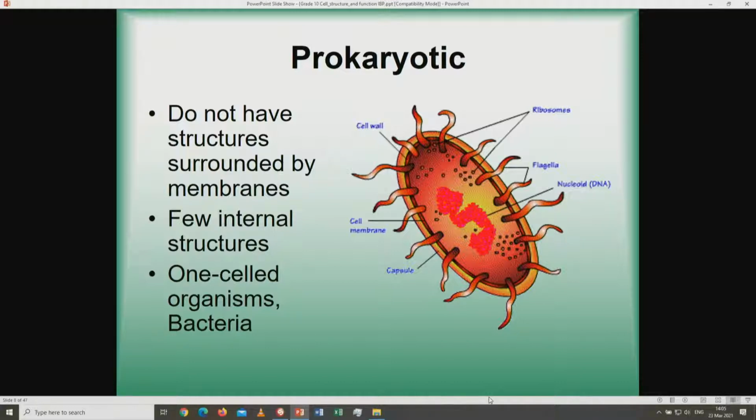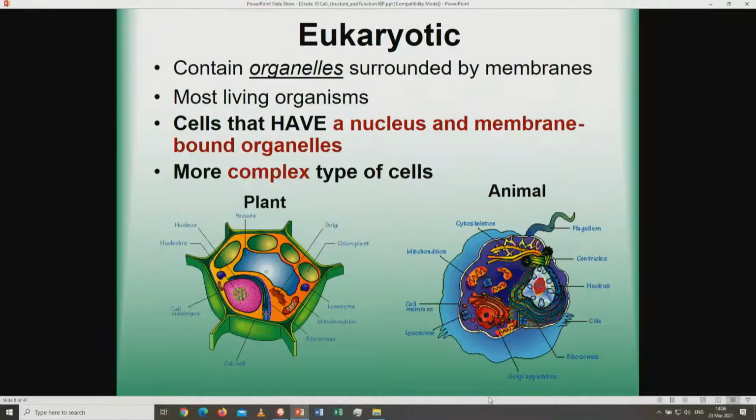They have few internal structures, as you will see when comparing to the eukaryotic later, and are one-celled organisms such as bacteria. You're only going to discuss bacteria in much greater detail in Grade 11. So for now, we're going to focus on eukaryotic cells.